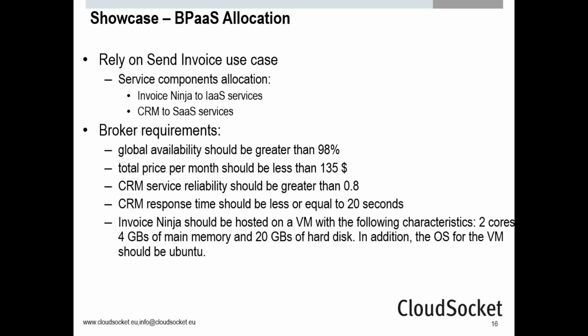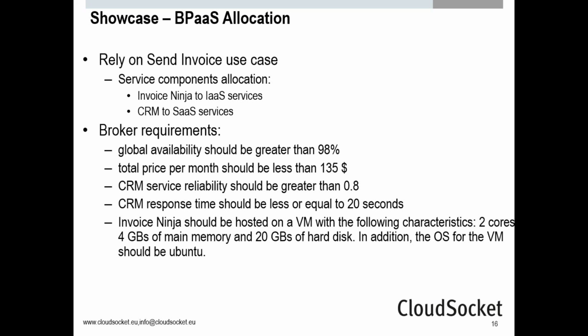So by considering this BPaaS, the broker will post some requirements which can be posed on the global or the local level. At the global level, we have a global availability constraint that availability should be greater than 98%, and that the total price per month for the whole BPaaS should be less than $135.